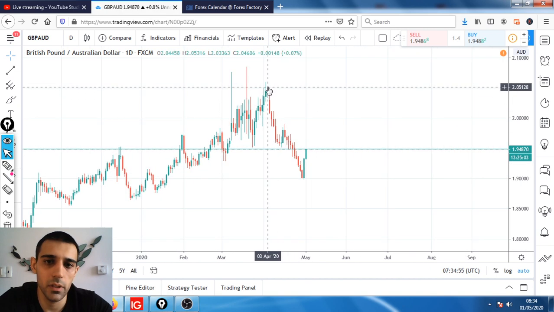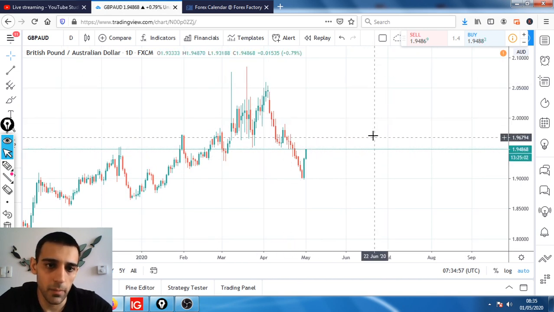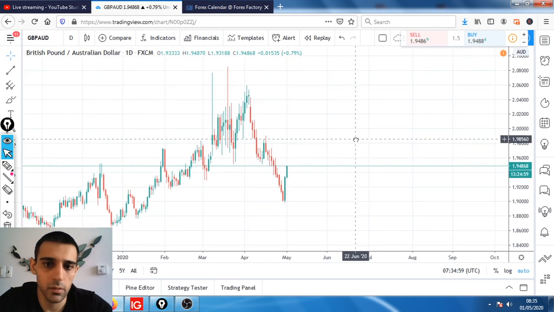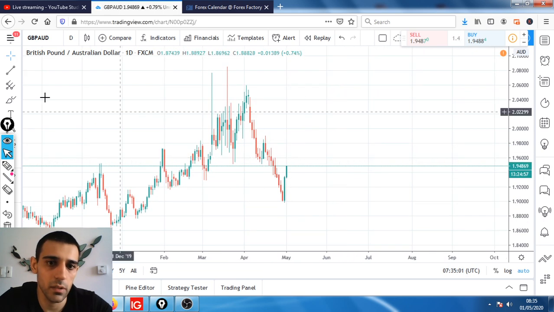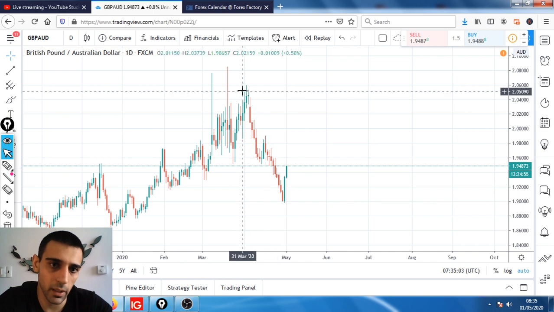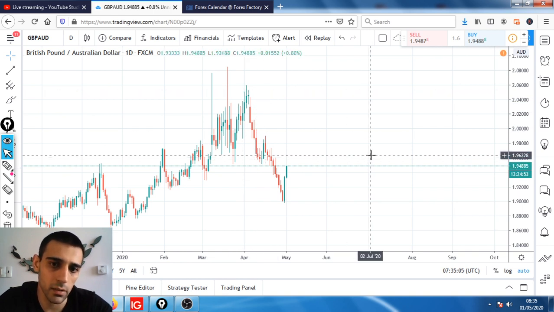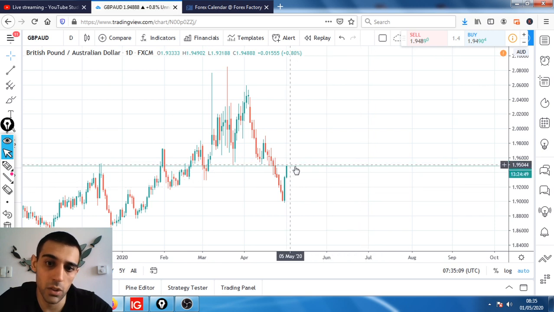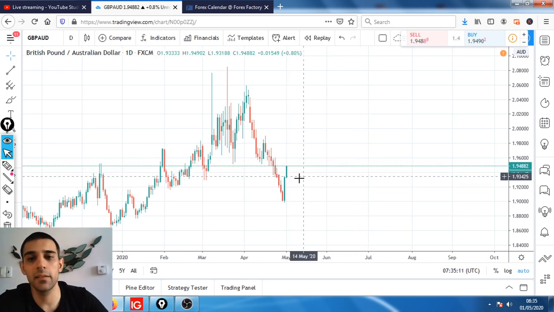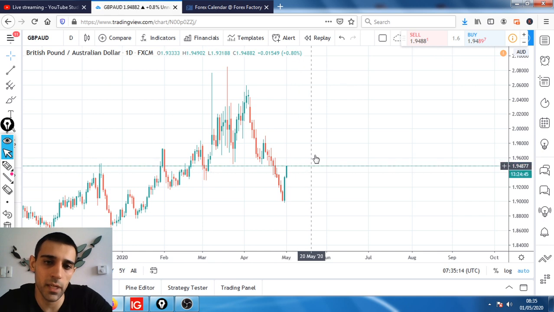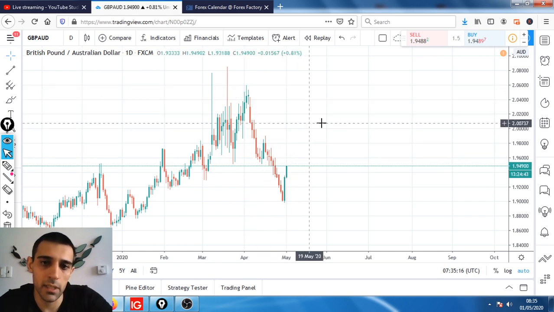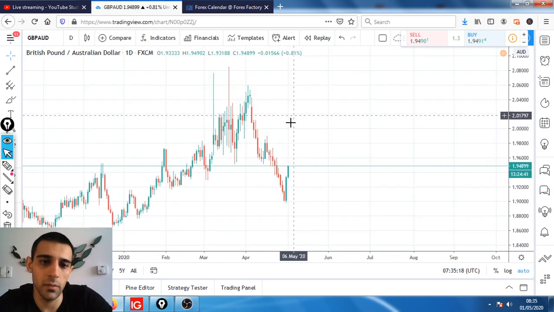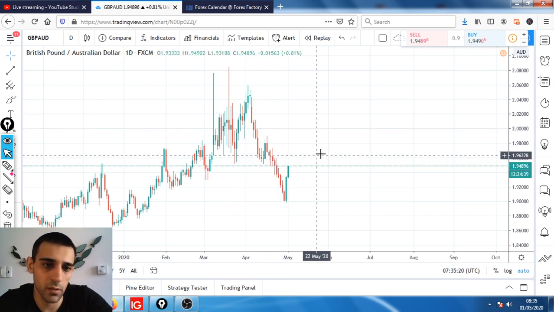Yeah, that's pushing up. So we have this nice reaction. Again, I'm starting with the daily time frame, and then I'm going to drill down to shorter time frames. It looks pretty strong as of today's and yesterday's candles towards the upside. However, it's a retracement of the bigger trend so far.